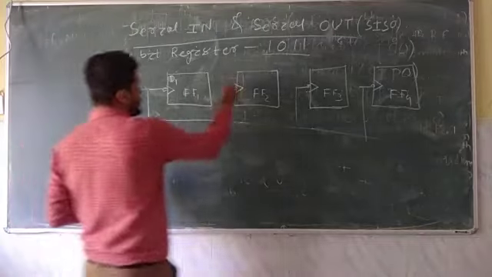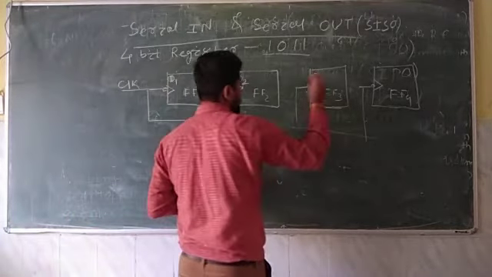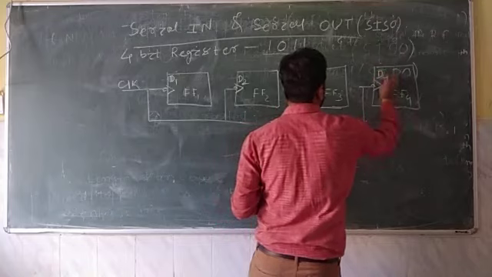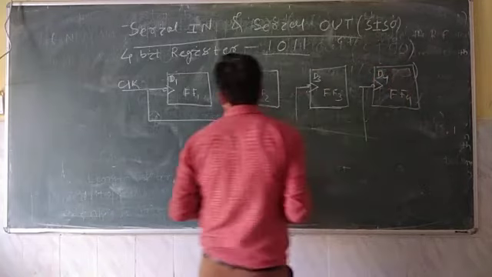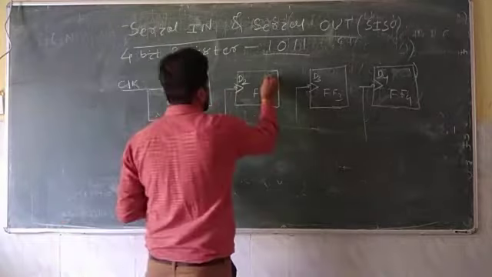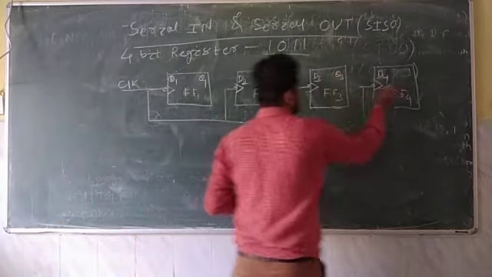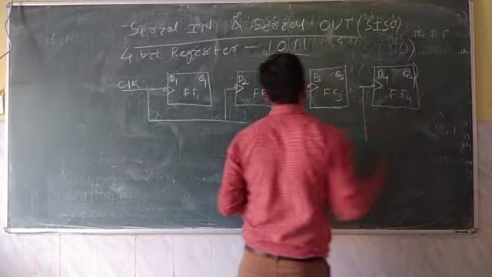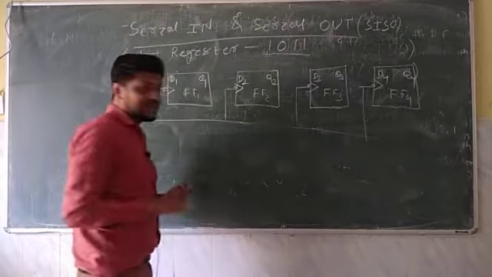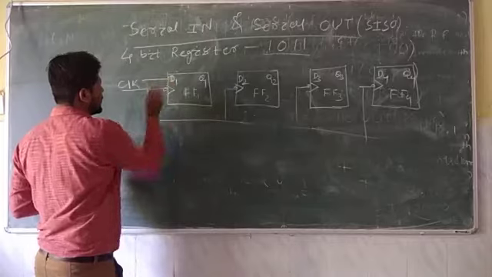So D1, D2, D3 and D4 are the inputs, and then we have outputs Q1, Q2, Q3 and Q4.